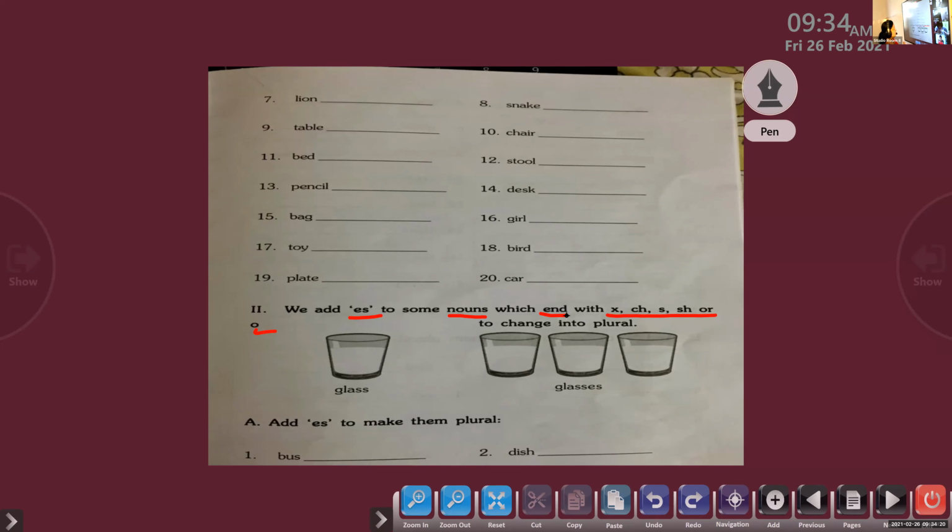To all the other nouns ending with other letters, we can add S to make plural. Only that much is there to remember. Okay? Let's try.